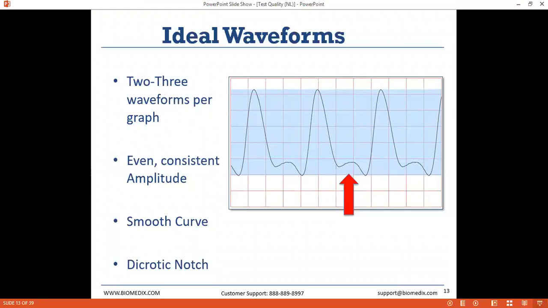Some other things that we're going to want to do, as best as we can, to provide the best information for the doctor is to try to fit as many waveforms as possible on a screen. Now, in an ideal situation, we'd be able to fit 3 waveforms on the screen, like I've done in this picture here. We have 3 beautiful waveforms start to finish. Depending on the patient, that may not be possible.